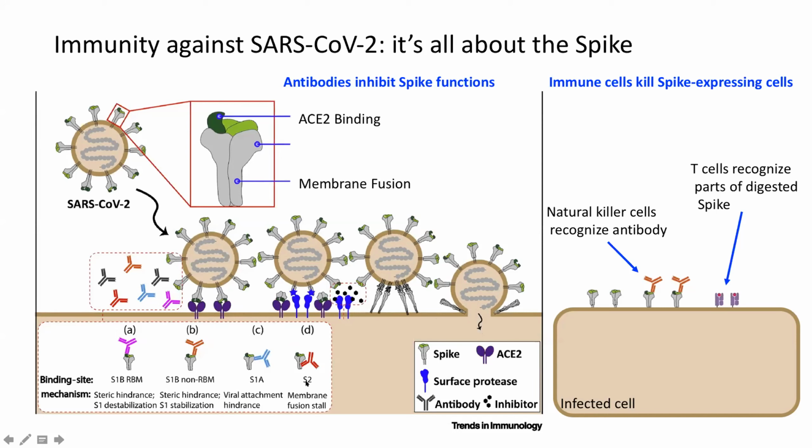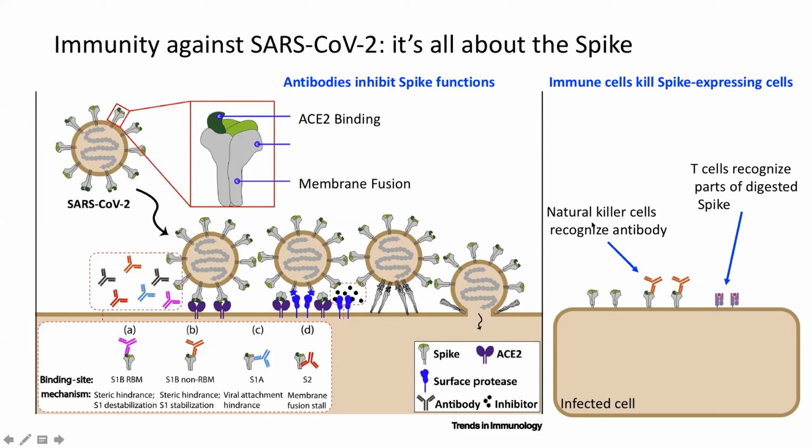They can bind to all different regions of the spike protein and inhibit this entry step. So whether it's binding to the part of the spike that interacts with the receptor to block attachment, or binding to parts of spike that prevent this conformational change, such as this one here, they're all preventing this whole entry event that needs to happen for the virus to start replication.